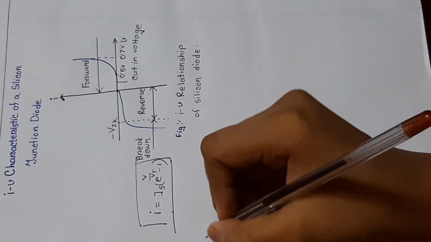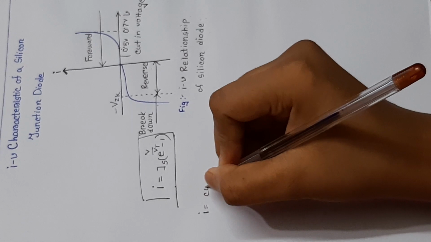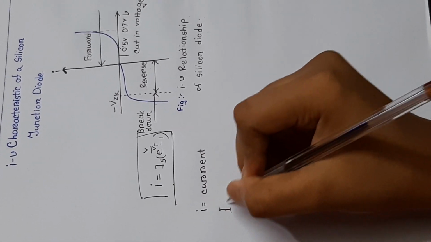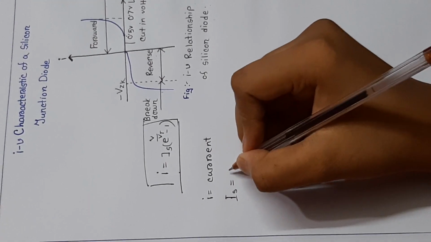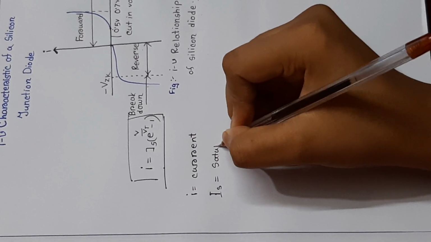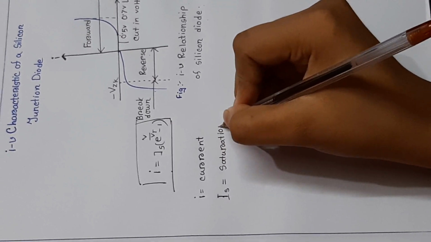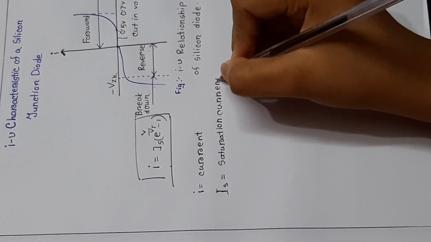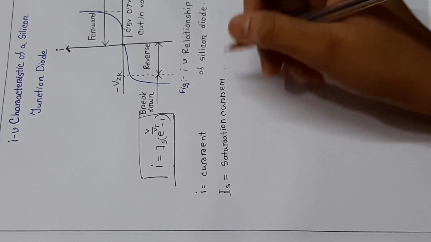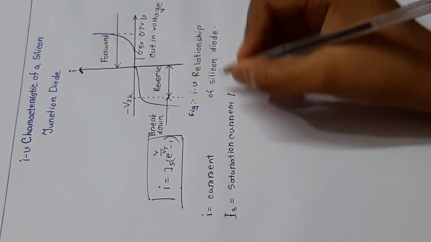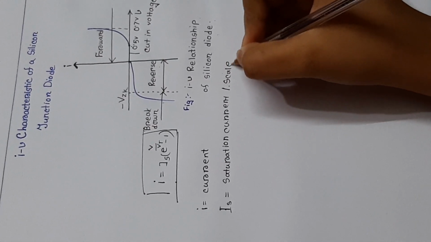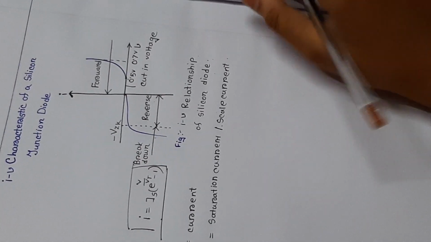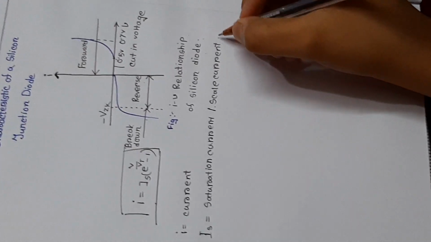Here I is the current, and Is is the saturation current. It is also called a scale current because it depends on the area of the diode.